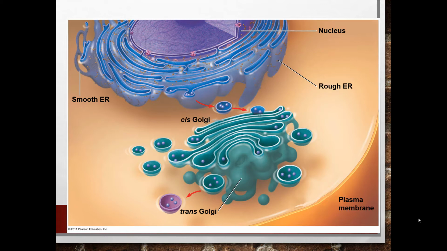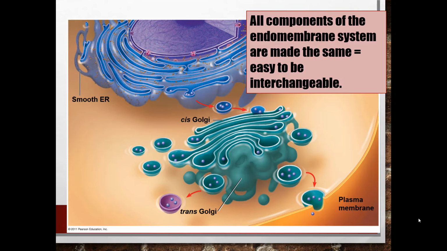Then they can bud off from the trans face. The final products are in little vesicles that bud off from the trans face, and they can either go fuse with lysosomes, or they can go somewhere else in the cell, or they can fuse with the outer membrane and release the contents to the outside of the cell. And so all these components are easily interchangeable.